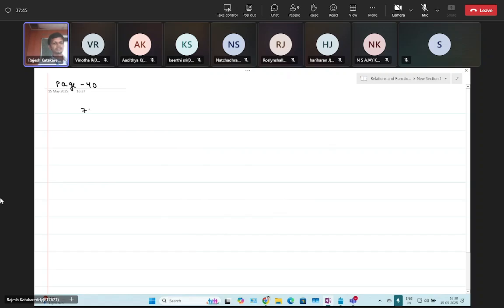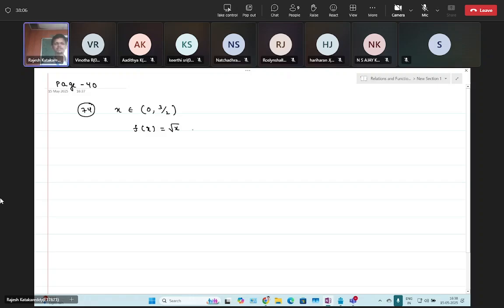problem number 74. In this problem number 74, they have given that for x belongs to 0 to 3 by 2, the function f of x is root x.